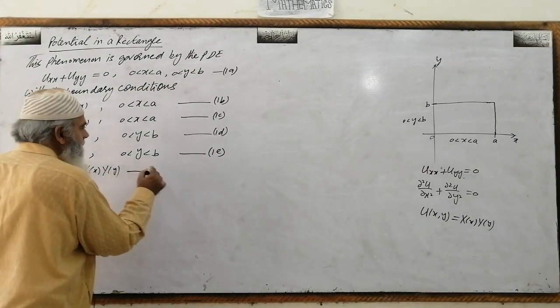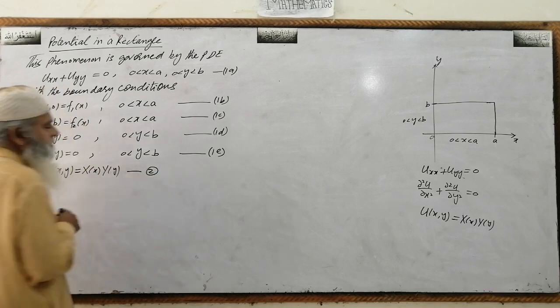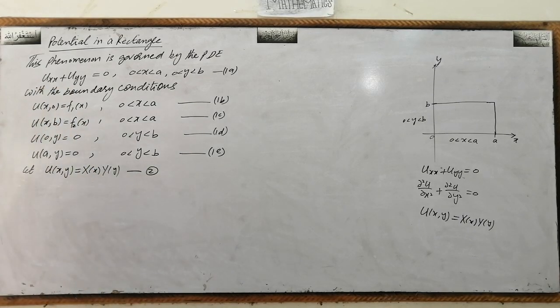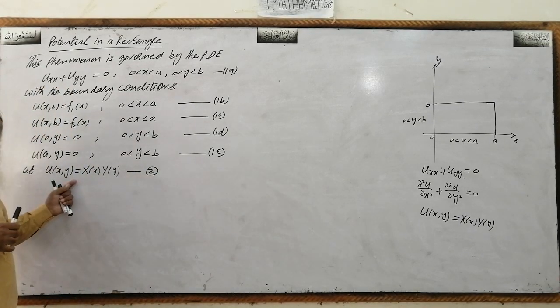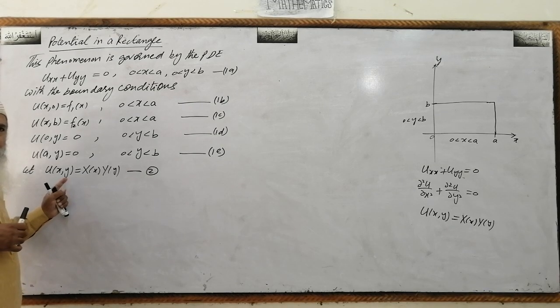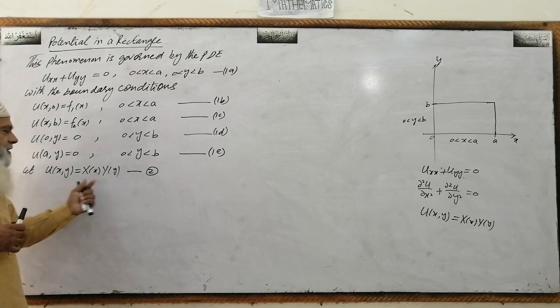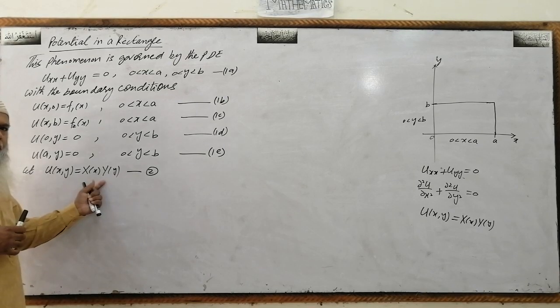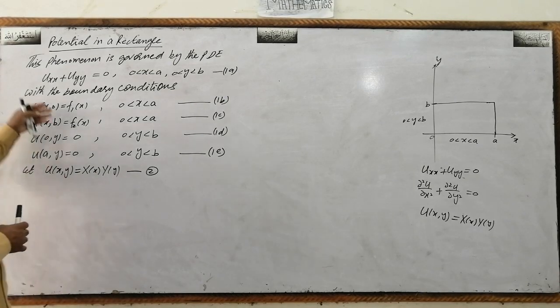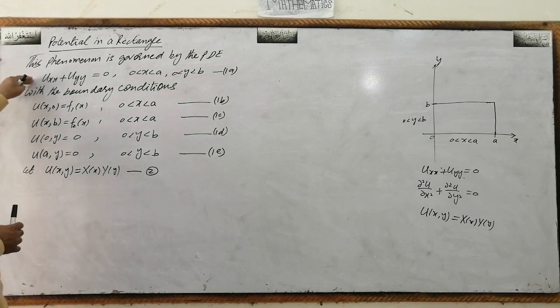This will be clear shortly. Let's suppose this is equation number 2. I think you have understood why we are taking u(x,y) in this form, because going ahead we will separate the variables.